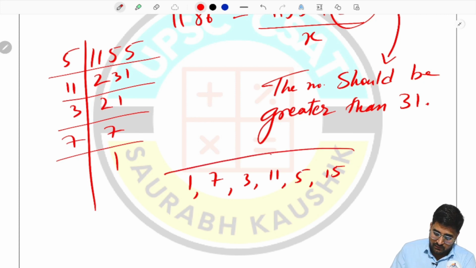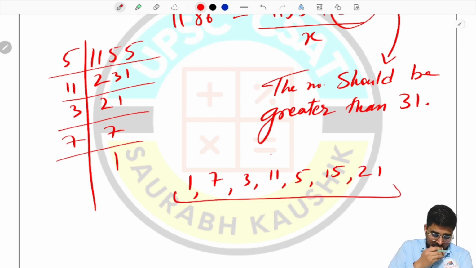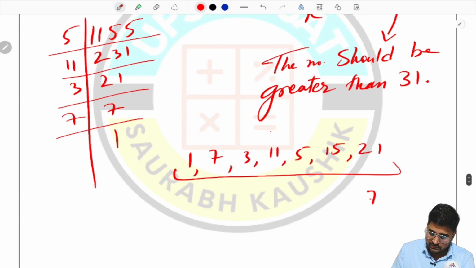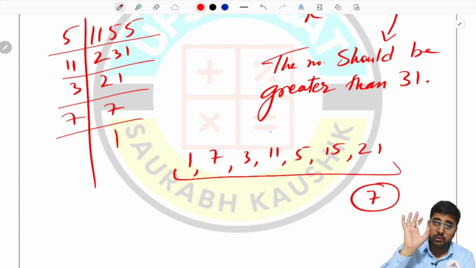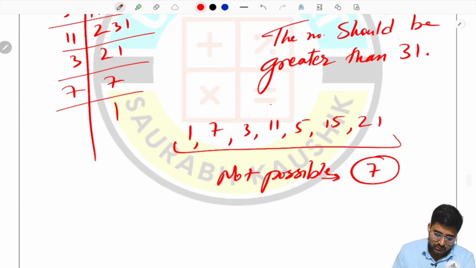Okay, so we have this many combinations possible. 7 into 3 is 21, which is not greater than 31. 11 into 3 is 33, which is greater than 31. 15 and 21 are not possible, and so on. These are the 7 factors which are not possible.